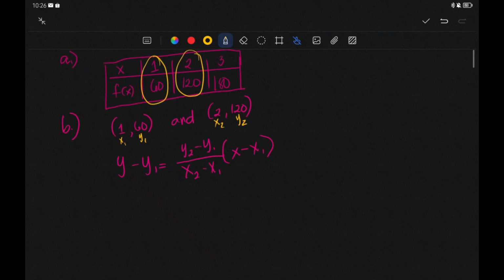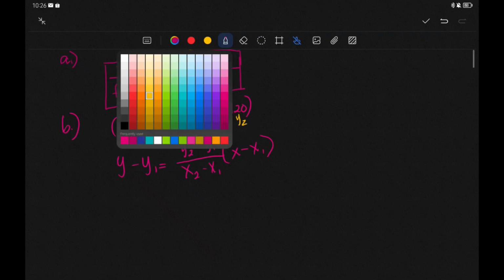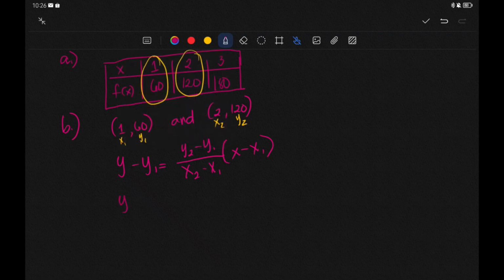Now let's substitute. So this will become y minus 60 equals y sub 2, which is 120 minus 60, over 2 minus 1, times x minus our x sub 1, which is 1.